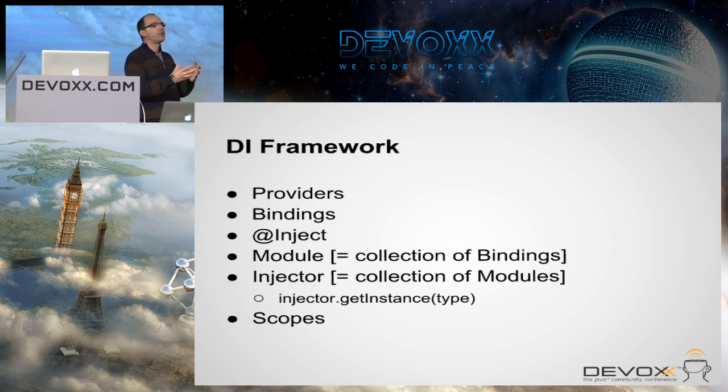Now, these providers are being bound. This is through a binding, where you basically declare to the framework that, for instance, a certain service with a certain interface is available for consumption by anyone. And this service is identified by attributes. The most common attribute, of course, is the type of the service.